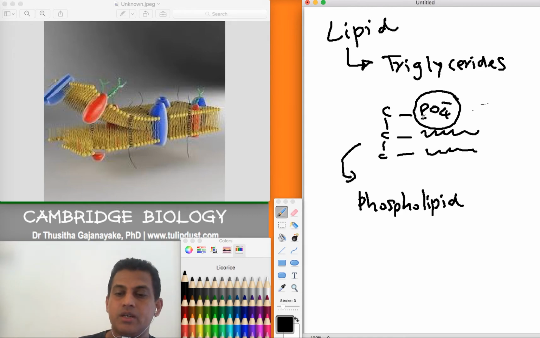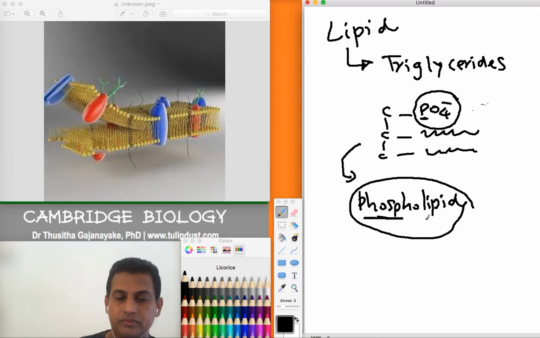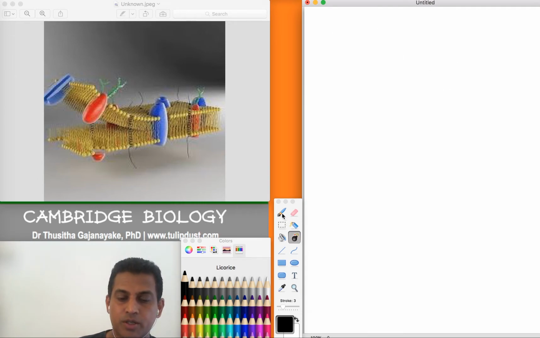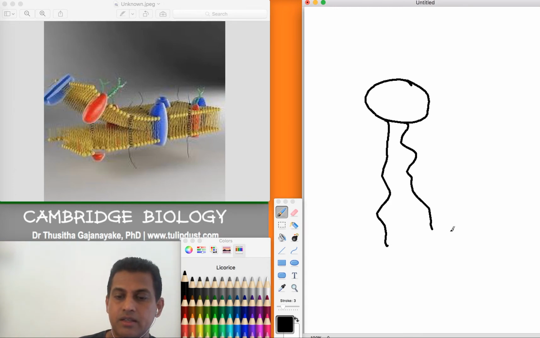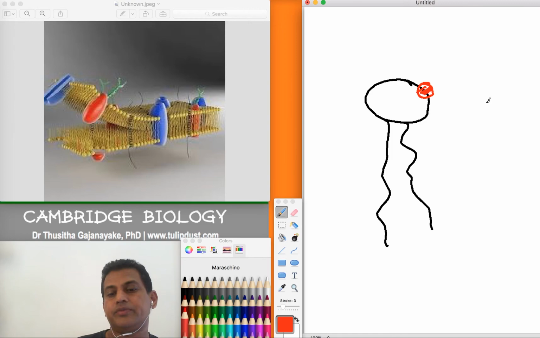Because it has a phosphorus. So the cell membrane is made up of phospholipid. What does a phospholipid look like? You can draw glycerol like this, and the fatty acids, and this is the phosphate. That's a simple structure of the phospholipid.